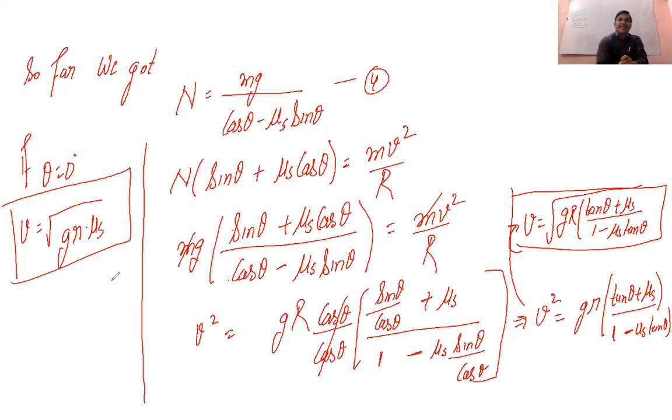Okay, and if mu s is going to be 0, means the coefficient of static friction is going to 0, then velocity will be 0. It is not possible to take a turn without friction.